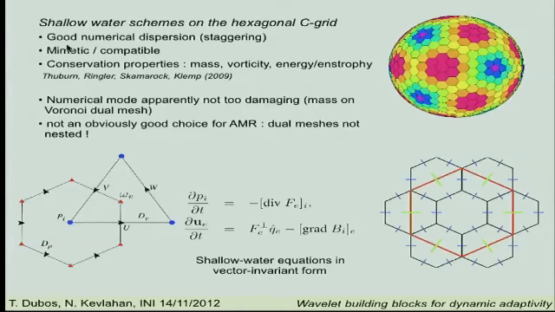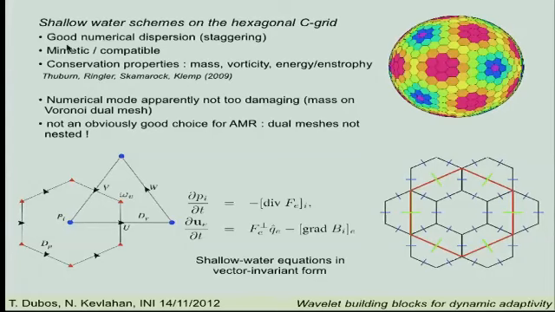And one reason to put mass on hexagons is that we still have a numerical mode due to the imbalance in the numbers of degrees of freedom between mass and velocity. So that's inherent to these staggered grid schemes, but it appears not to be too damaging if mass is on the hexagons compared to the case where mass would be in the triangles.